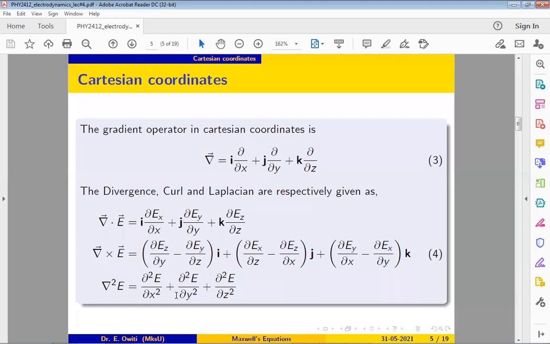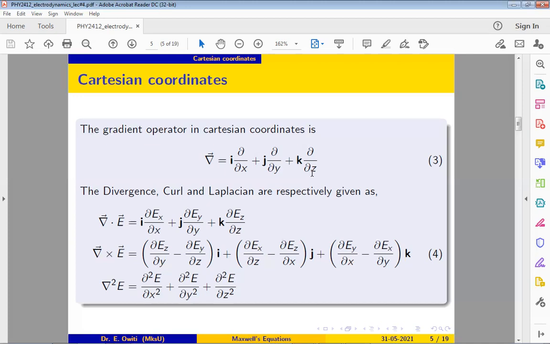Now, again, in the Cartesian coordinate system, we have this mathematical operator, which is referred to as the del operator, denoted by the symbol nabla. In the Cartesian coordinate system, the del operator has three terms: the partial derivative with respect to x, the partial derivative with respect to y, and the partial derivative with respect to z.